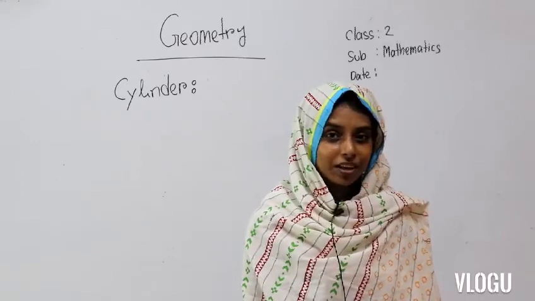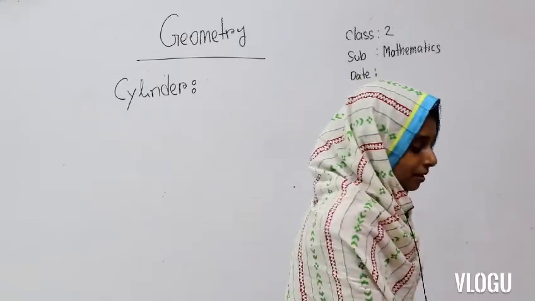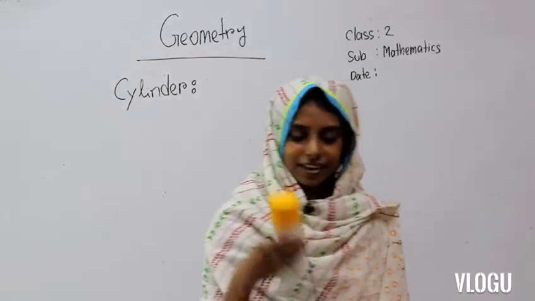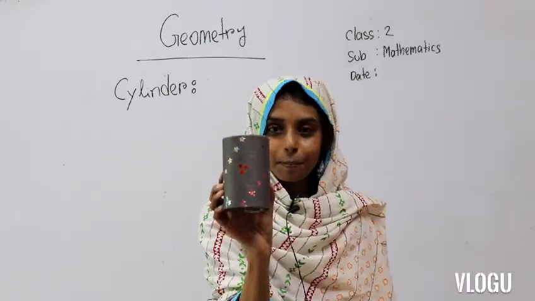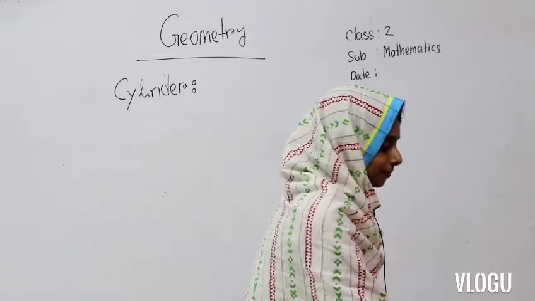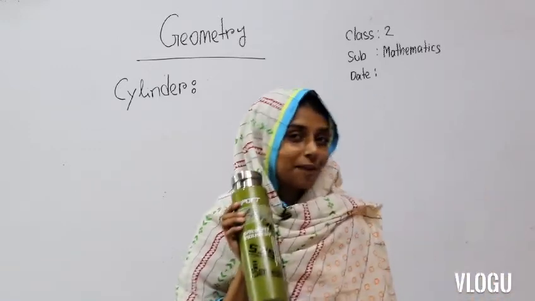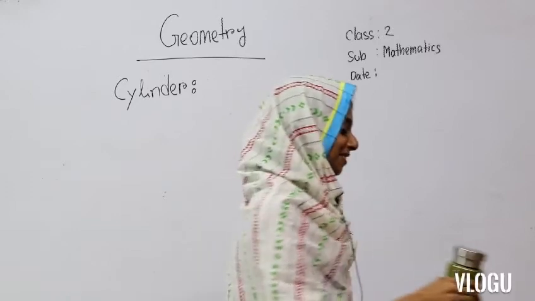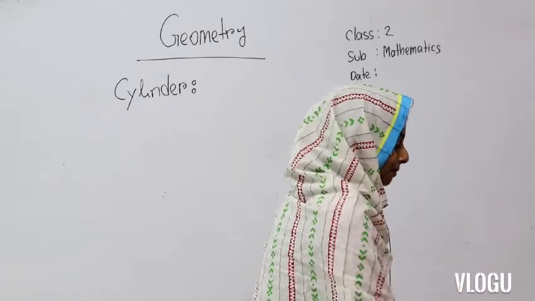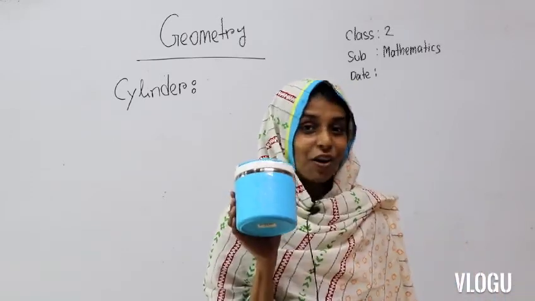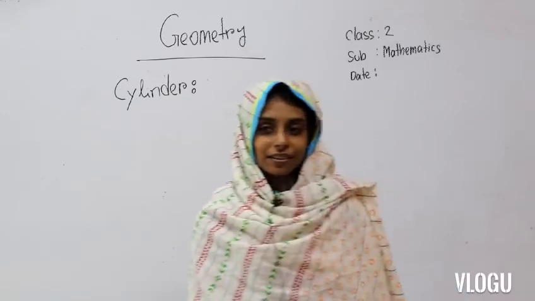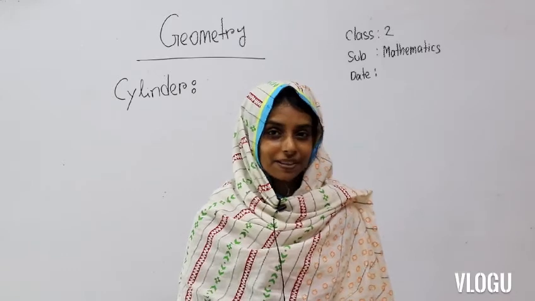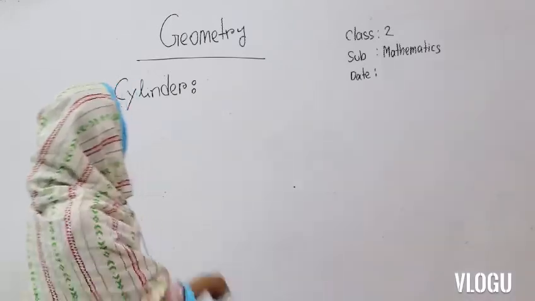I am showing some other things. This one, a spray bottle. One, a pen folder. My water pot. My hot pot. These shapes have a common name. What?